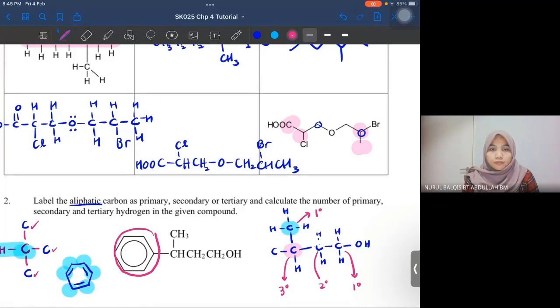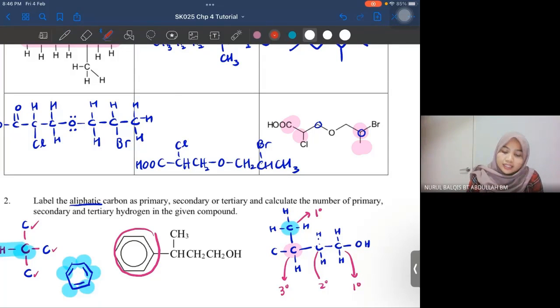Okay. So dia minta awak label kan. Kalau label, awak bolehlah buat macam ni. Awak bulatkan ke, colourkan dia sikit ke, tunjuk beritahu dia adalah primary. So primary, tertiary, secondary and primary juga. Okay, but then dia cakap apa lagi? Calculate. Kali ni dia tak suruh label dekat atas diagram. Dia minta awak calculate the number of primary, secondary and tertiary hydrogen.